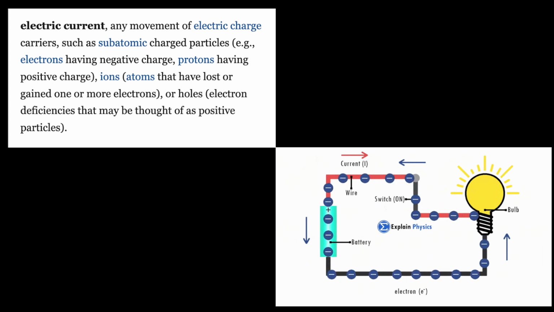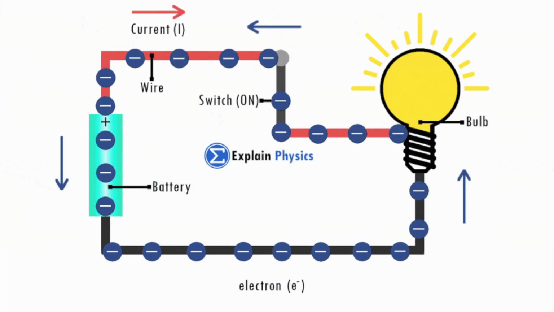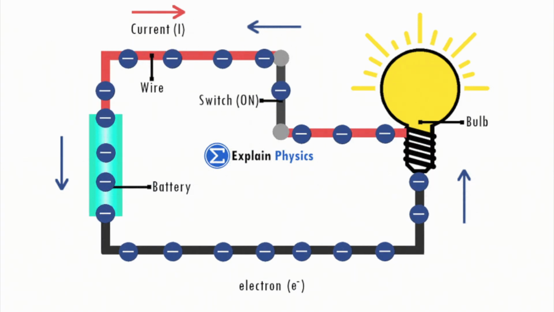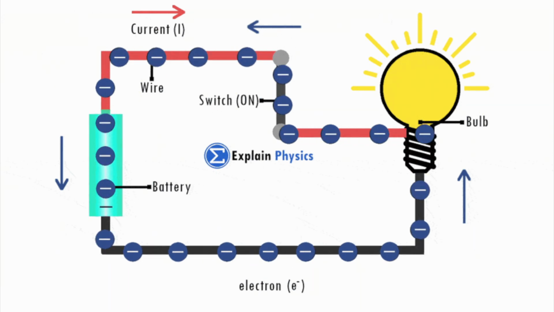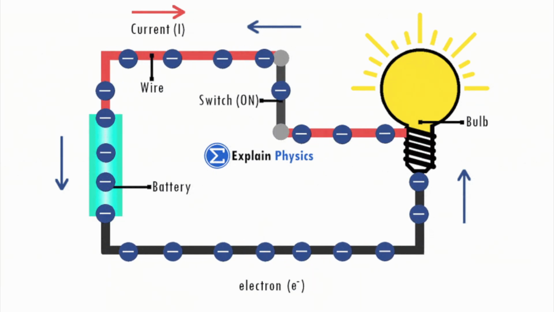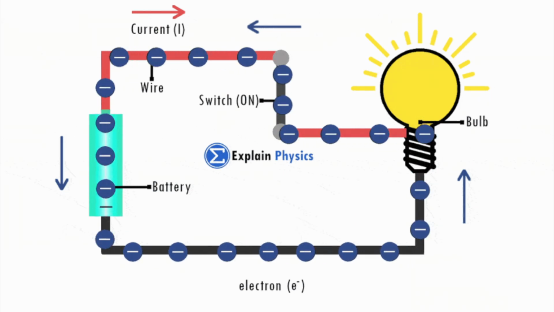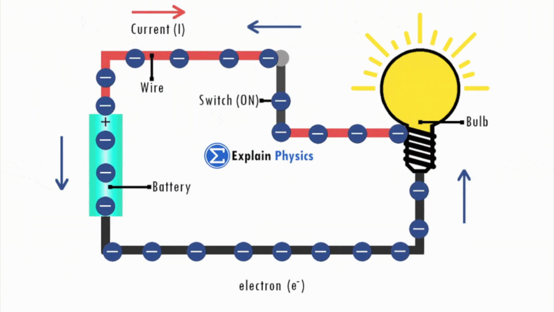So the negatively charged electrons move to the positive end of the battery, and this makes the current go in the opposite direction, and that's why the current moves from the positive side towards where we have the load. The load is something that is going to consume the current. So you won't see the current passing that load because the current is consumed, and it only comes as a result of the movement of electric charge carriers, and in our case, electrons.